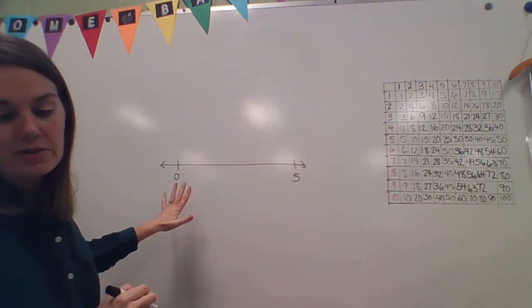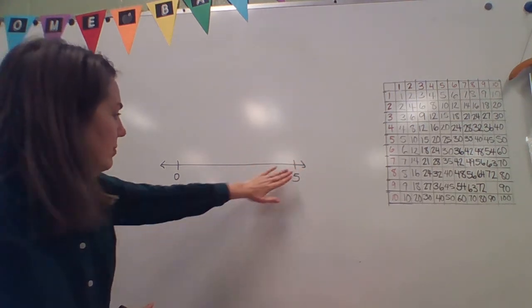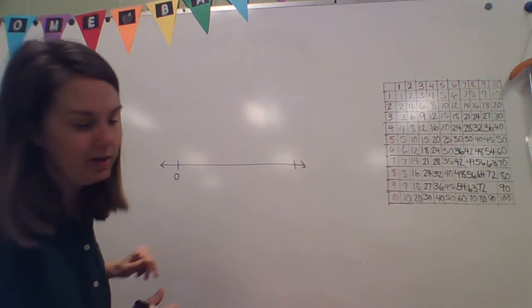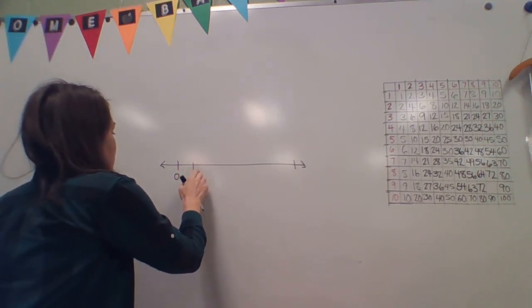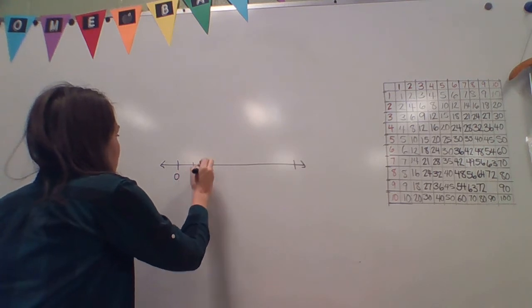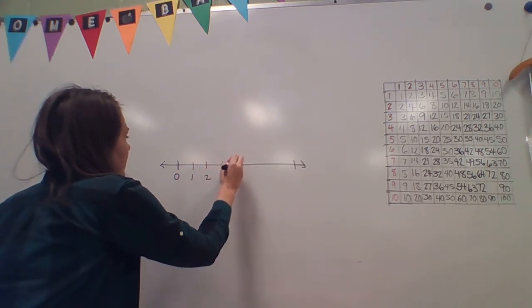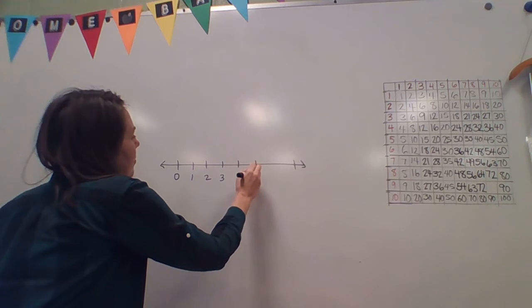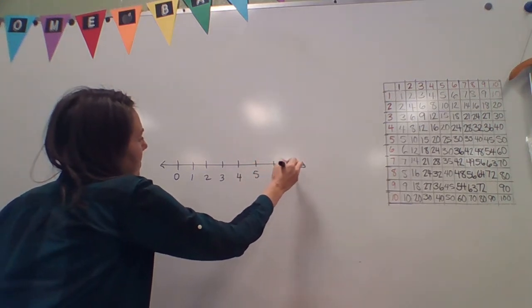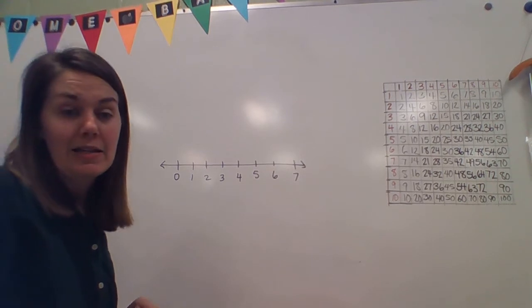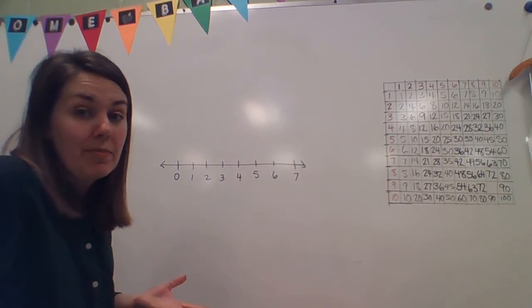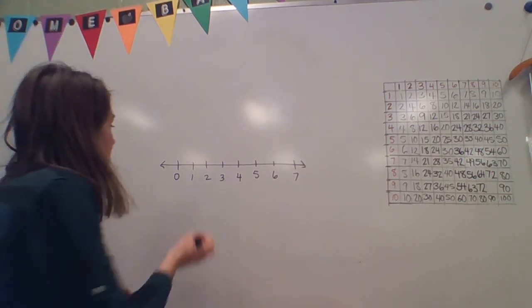So our number line is going to be marked, oh, actually, they've done a different number line than that. They have their number line going all the way to 10. I'm going to have mine just go to 7. And it says you can count by 2s to find the multiples of 2.